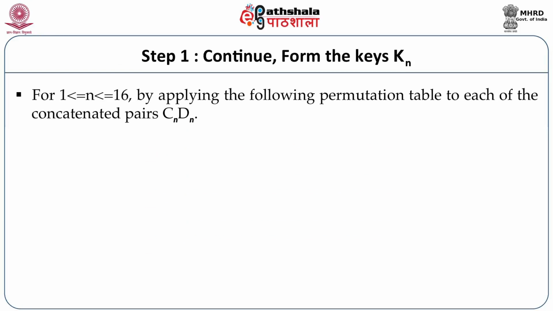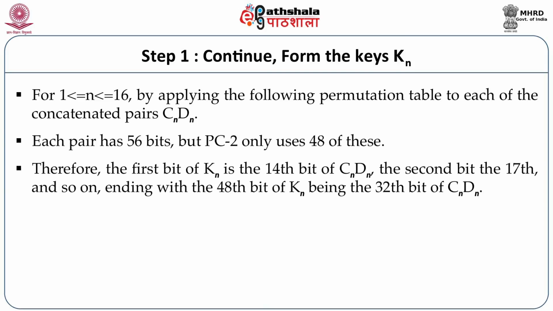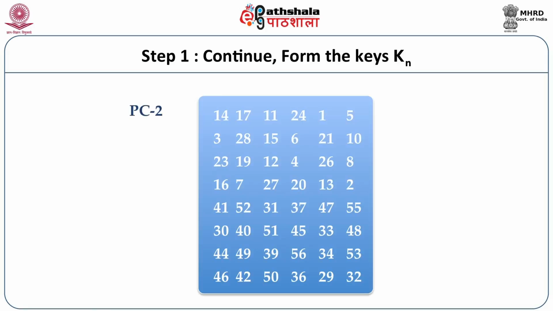For 1 less than or equal to n less than or equal to 16, apply the following permutation table to each of the concatenated pairs Cn and Dn. Each pair has 56 bits, so apply permutation table 2 to get only 48 bits.